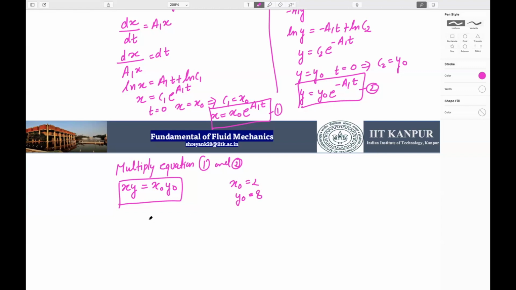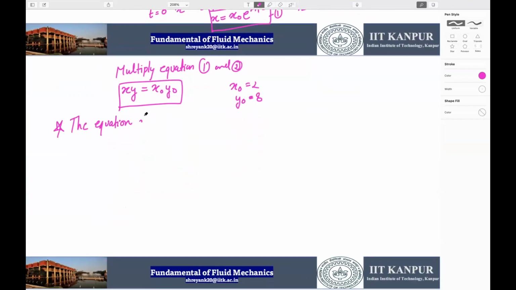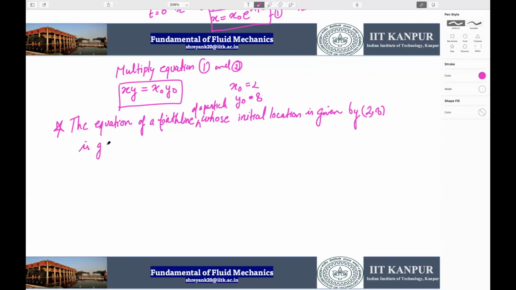So the equation of a path line whose initial location is given by 2 comma 8, the equation of the path line of a particle is given by xy is equal to 16.